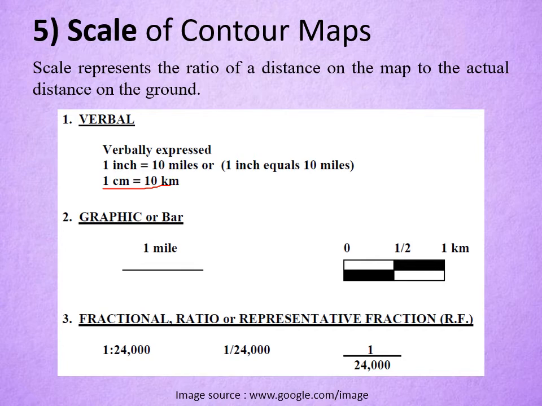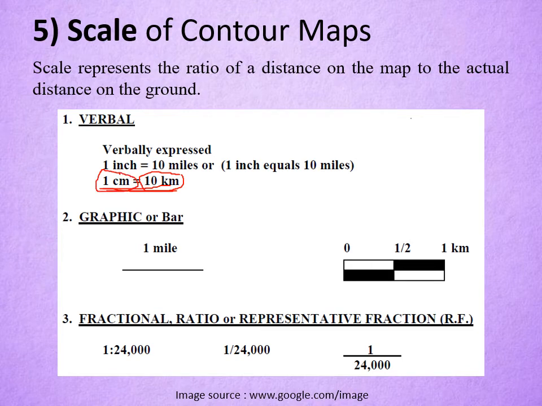So this type of representation of the scale is known as verbal scale. What does it mean? It means that the distance between 2 points in original, in ground, which is 10 kilometer, is shown in your map by 1 centimeter.